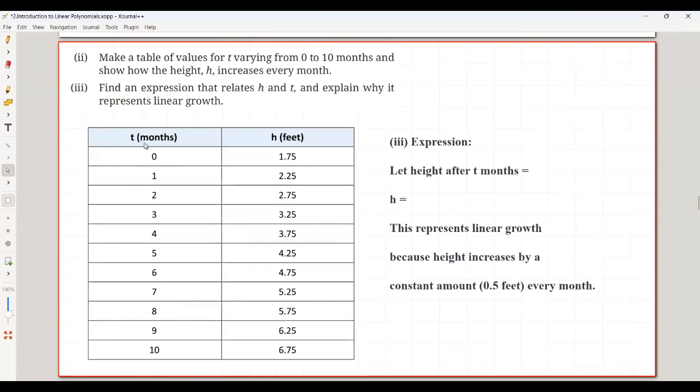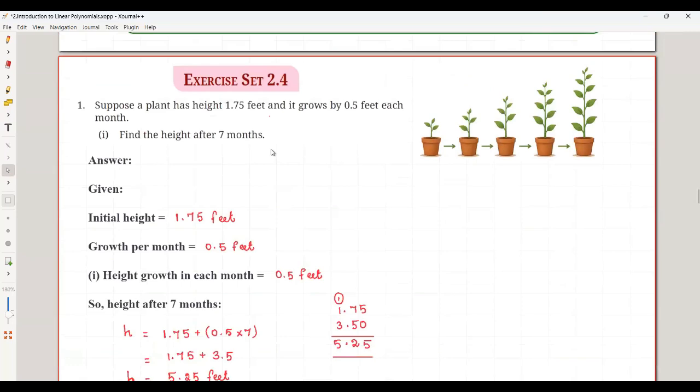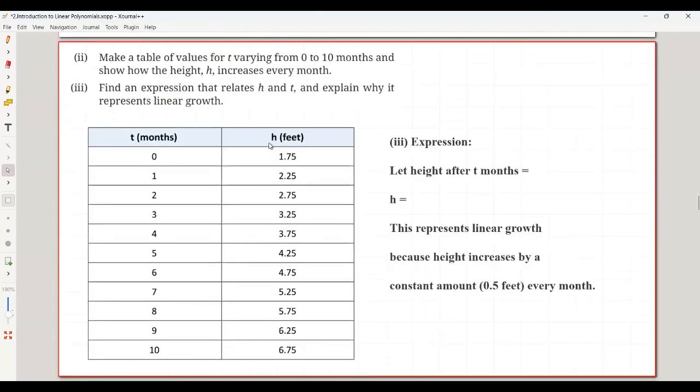Now month is denoted by t. If it's the first month, that is 0 months, the initial stage, what is the height of the plant? In 0 months, that means in the initial month, the height of the plant is given 1.75.